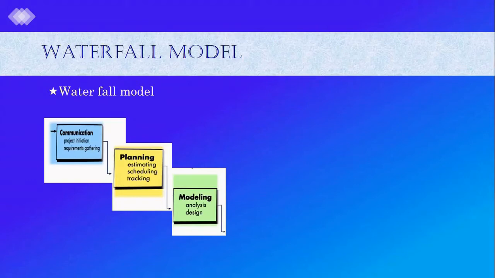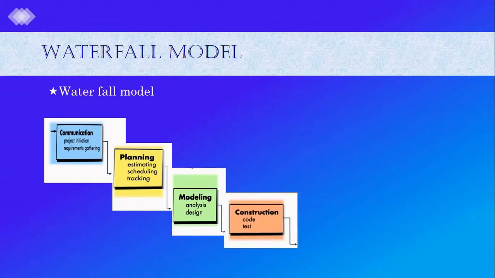When we do this complete analysis, the design will take place, and examples of the designs are flowcharts and algorithms. The fourth framework activity used in the waterfall model is construction, and construction consists of code generation and testing. Coding implements the design in an appropriate programming language. Testing checks for the desired output.